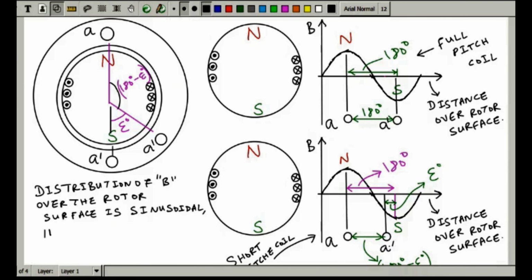Hence induced EMF in coil A dash is sinusoidal.